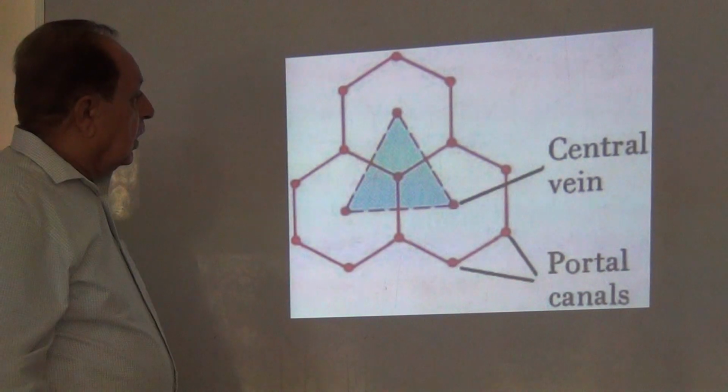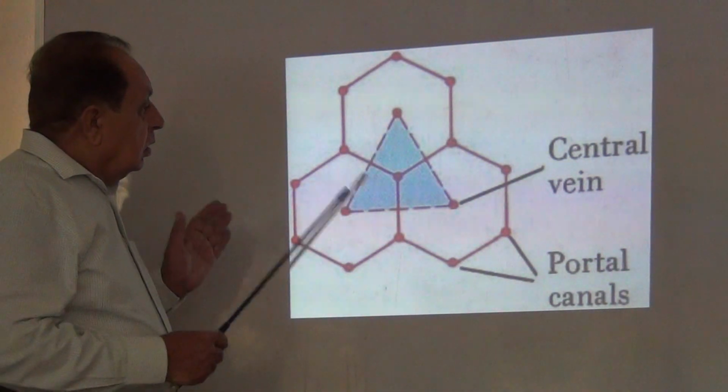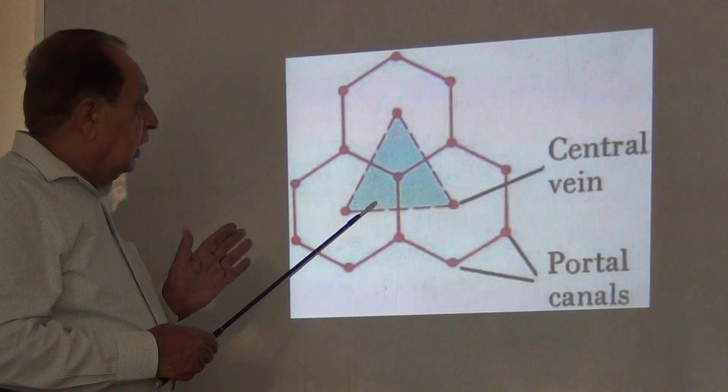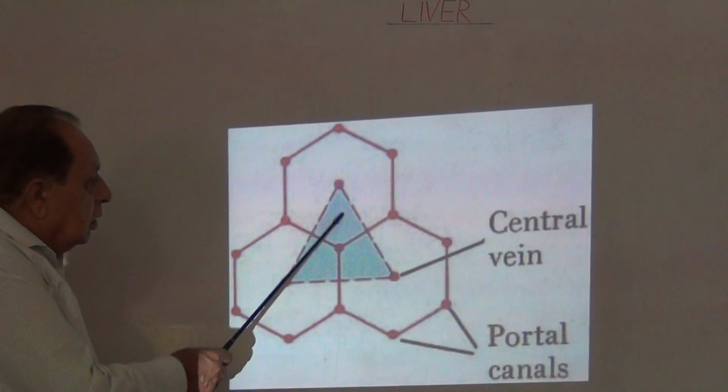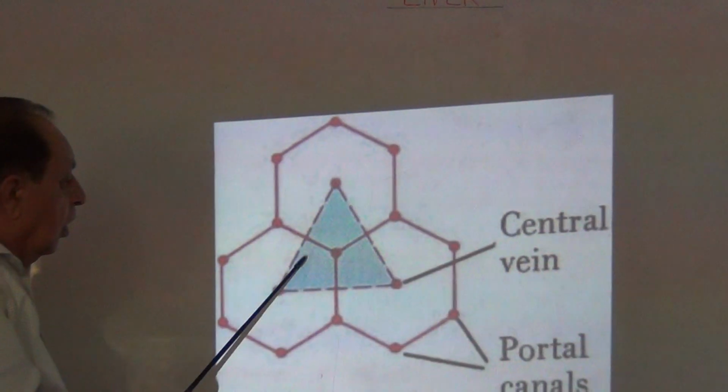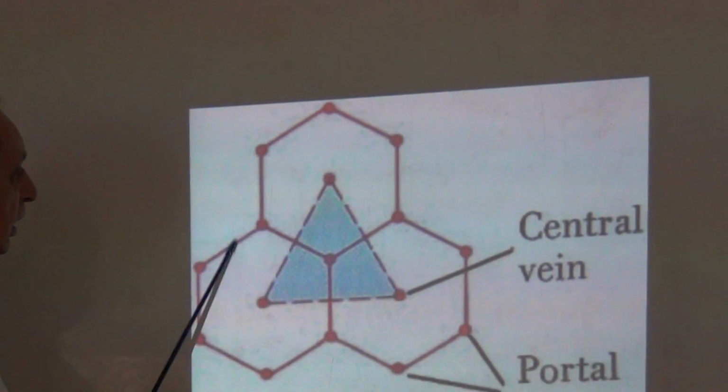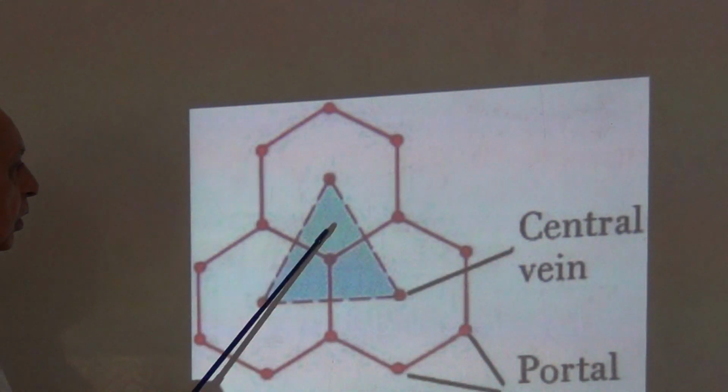Now, the bile from the adjacent areas of these three adjacent hepatic lobules.